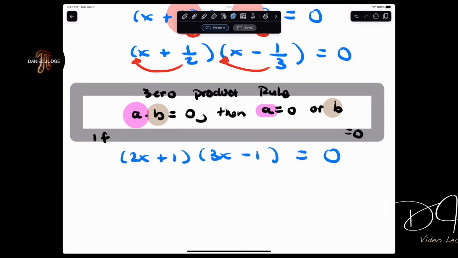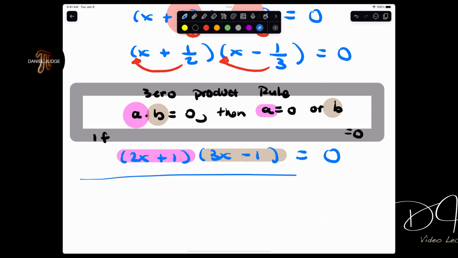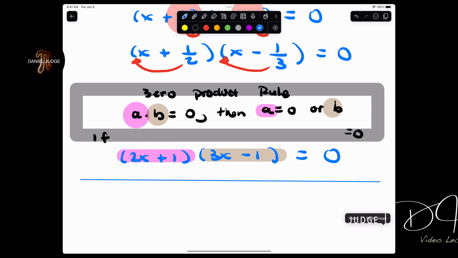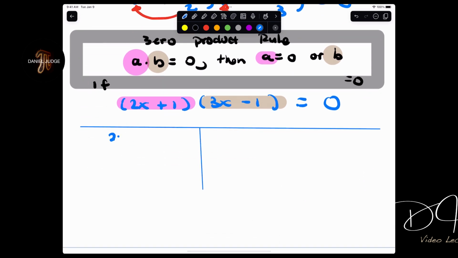So the first term is in pink. Second term is in brown. That product equals 0. We multiply these together. Here's what you end up with: 2x plus 1 equals 0, or 3x minus 1 is 0. Okay. Subtract 1 from both sides, you get 2x is negative 1.